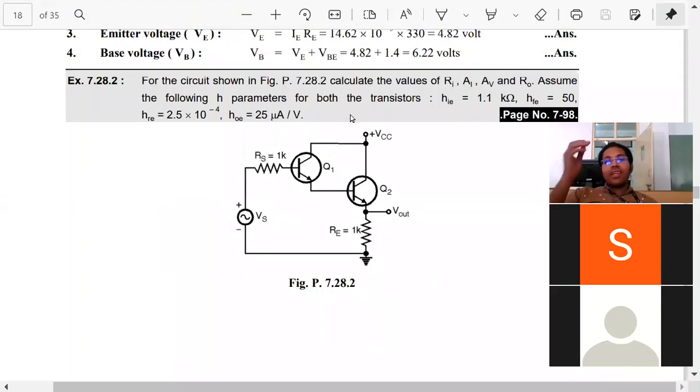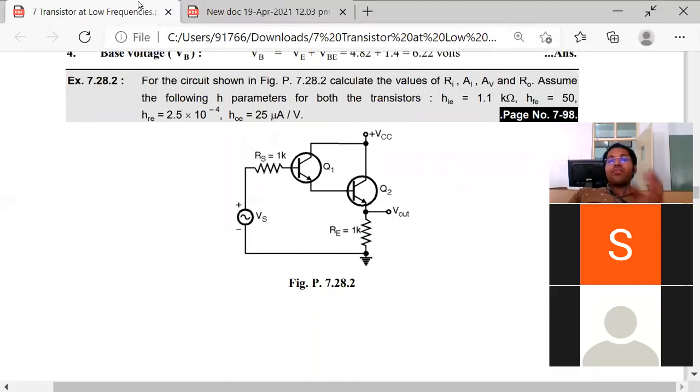At the end, we will analyze the properties of this Darlington pair based on the values. For example, input impedance will be high, current gain will be high, voltage gain will be unity, and so on. We will analyze based on the values, so that it will be easier for you to remember.